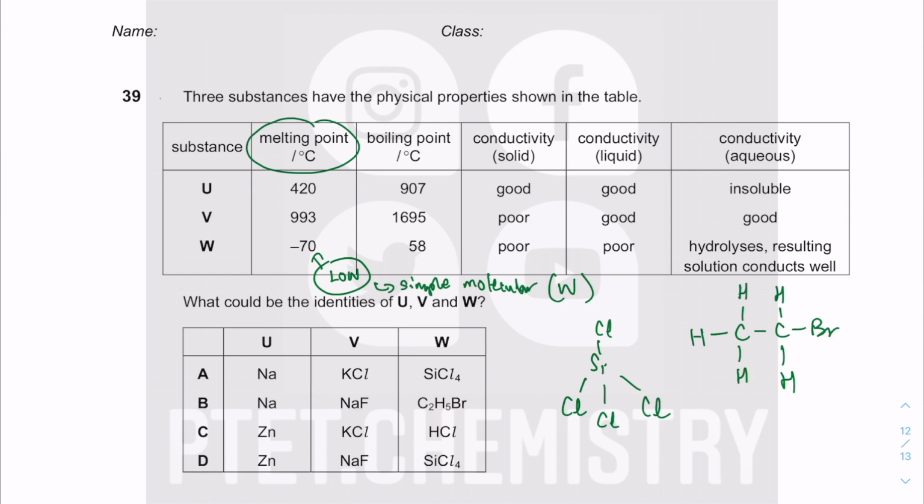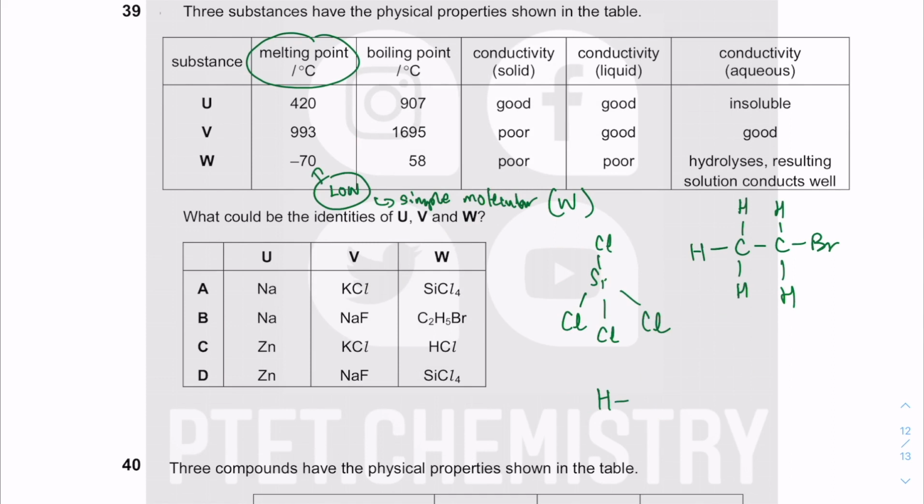Okay? And then you have HCl, like that. And of course you have SiCl4 again. So none of these are giant molecular. Each of these exists as a simple molecule because I can draw it as one single molecule. Doesn't help us at all.